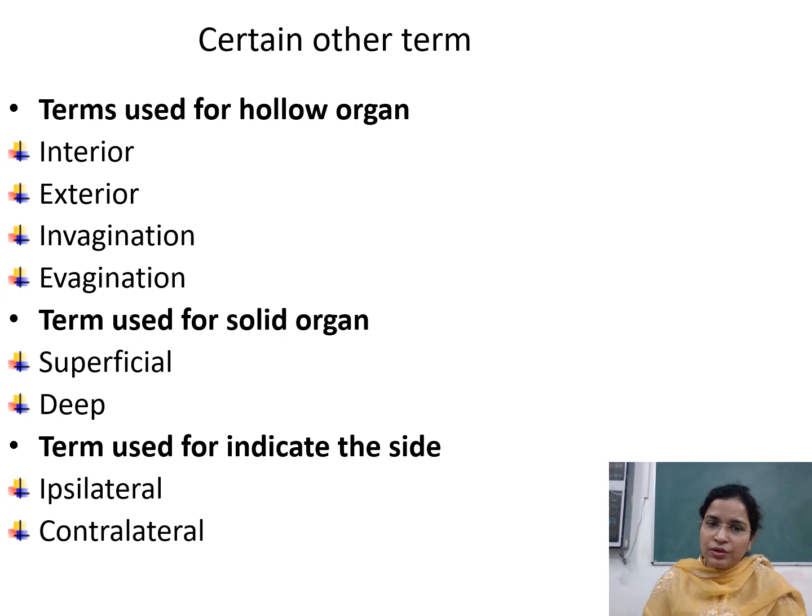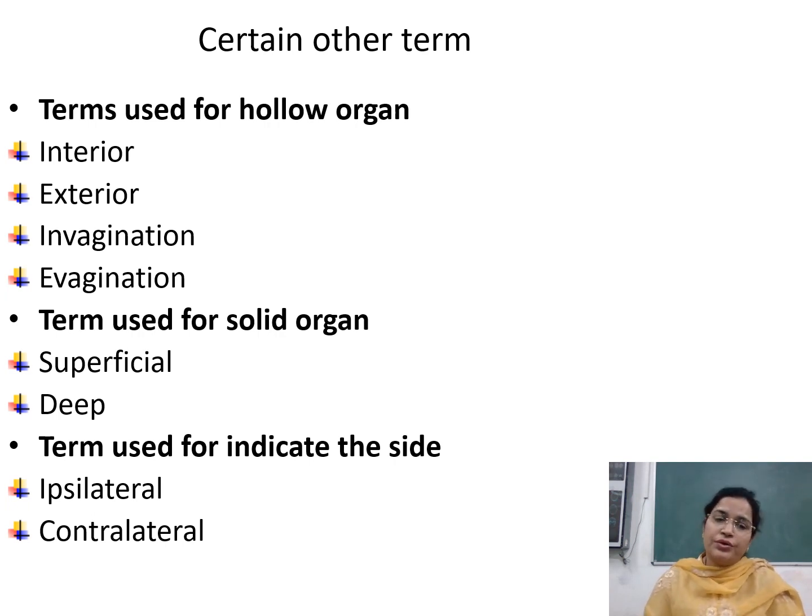These are the superficial organs, no doubt. Some organs are placed deep, such as the kidneys. The kidneys lie on each side of the vertebral column, in the paravertebral gutter, so they are deep organs, while the liver is a superficial organ.